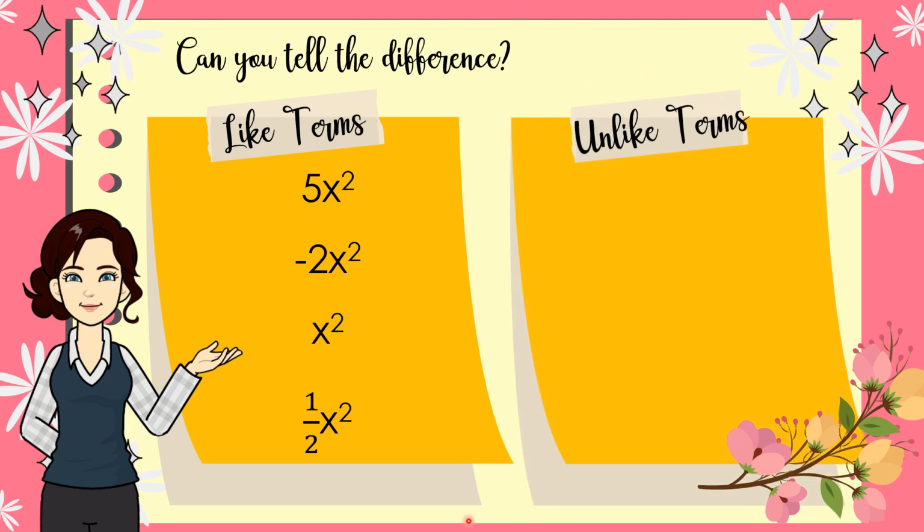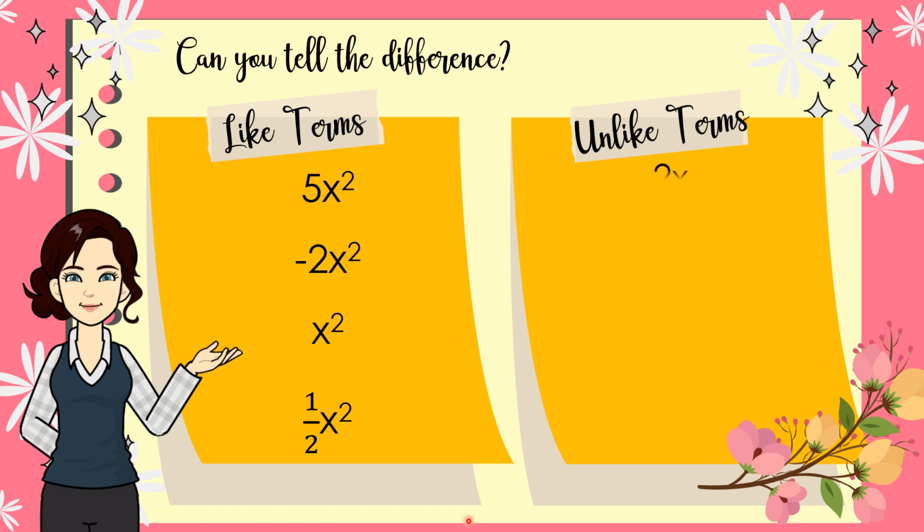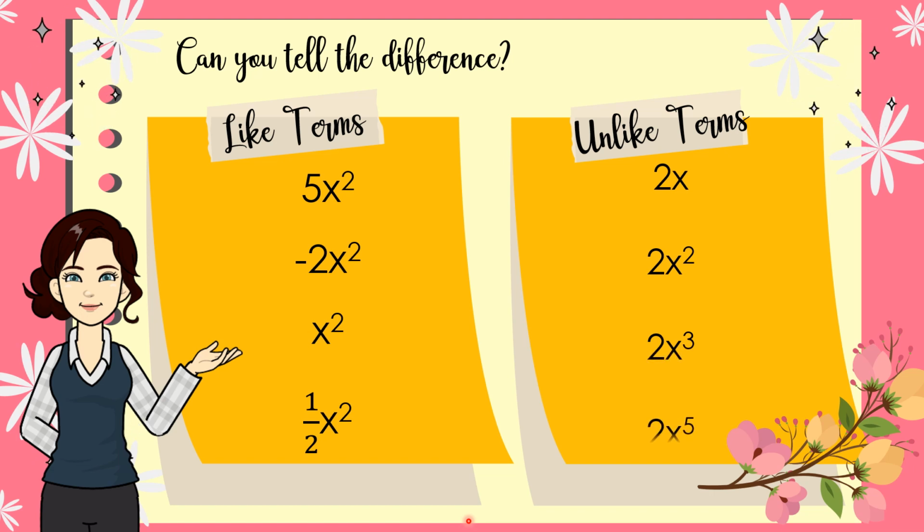On the other side, we have unlike terms or dissimilar terms, and here are some examples. What have you observed? Though they contain the same numerical coefficient, their literal factors are not the same since they have different powers or exponents.